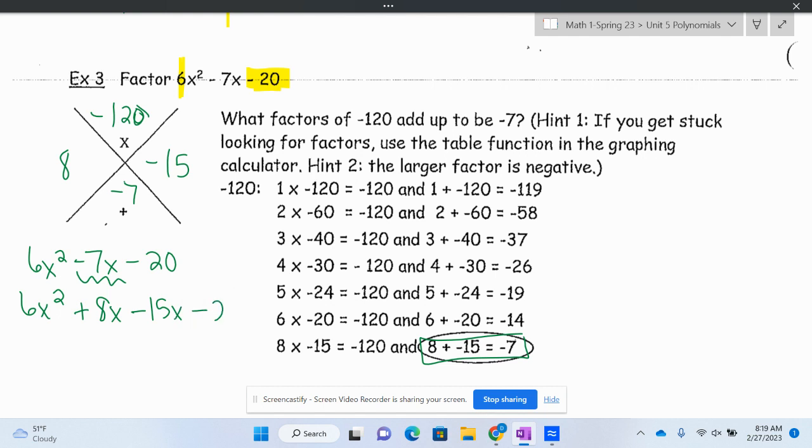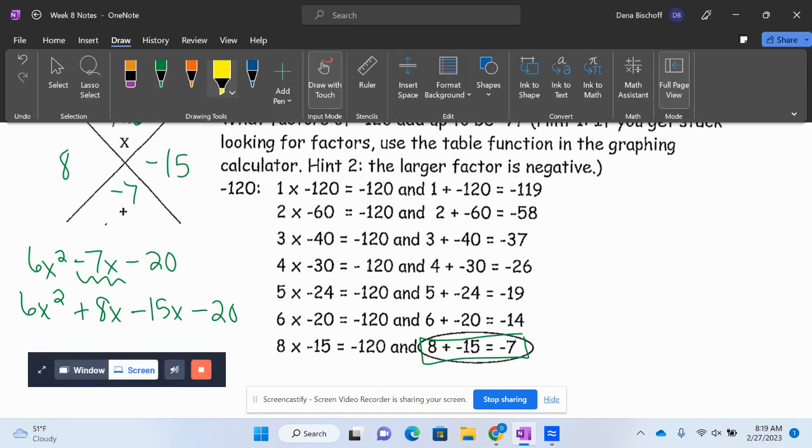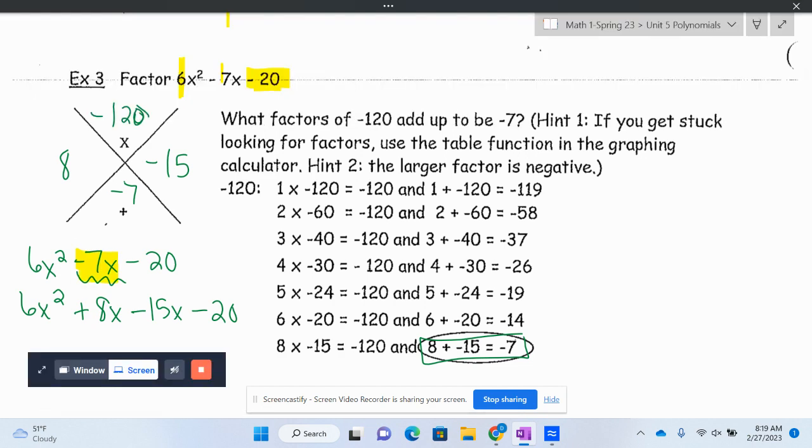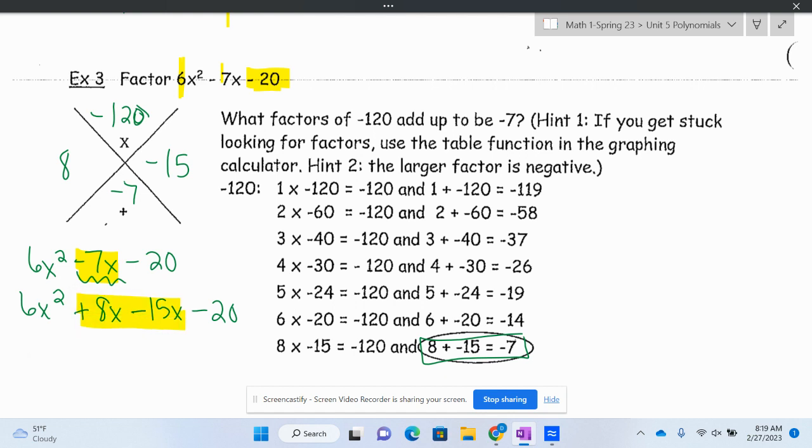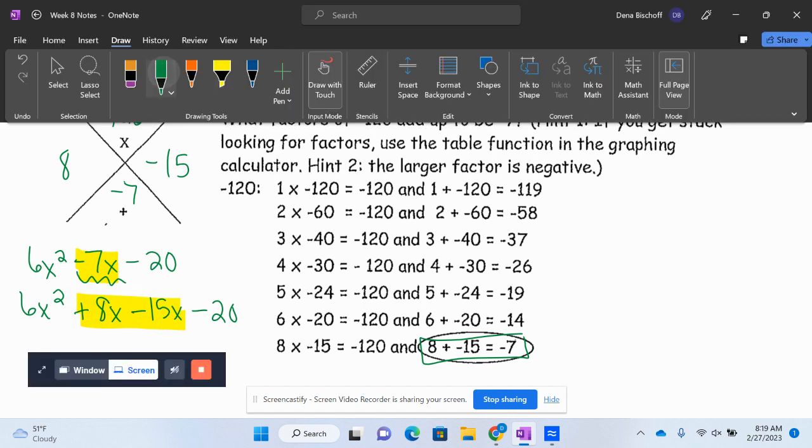And then I'm going to rewrite the rest of it, minus 20. So you have to understand that you're taking this negative 7x and replacing it with the two factors, because negative 15 and positive 8 equal negative 7. I do that so I can group together my terms.